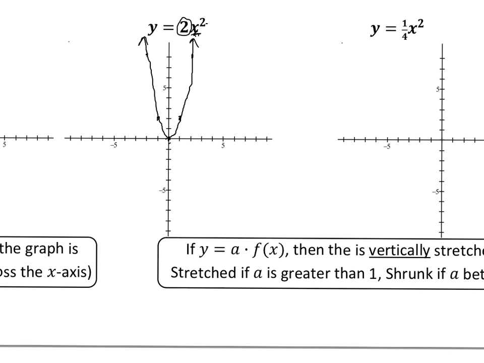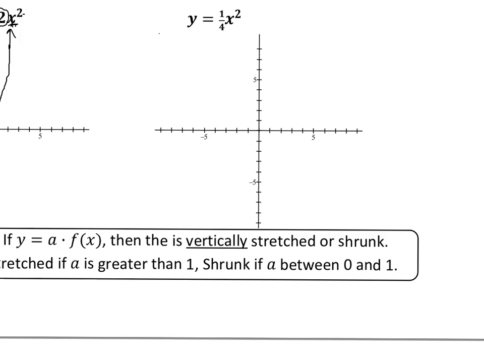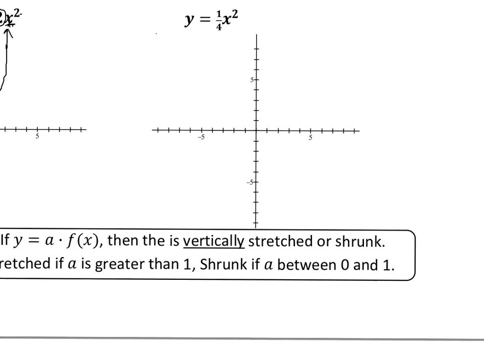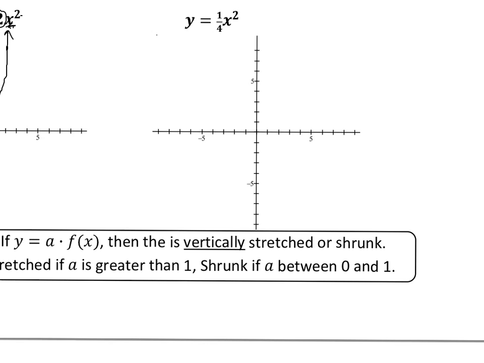All right. Now, let's look at 1/4 x squared. Vertex is still at the origin. Now if I go right 1, I go up how much? 1 squared times 1/4, or I go up 1/4. If I go right 2, I go up how much? 2 squared times 1/4.